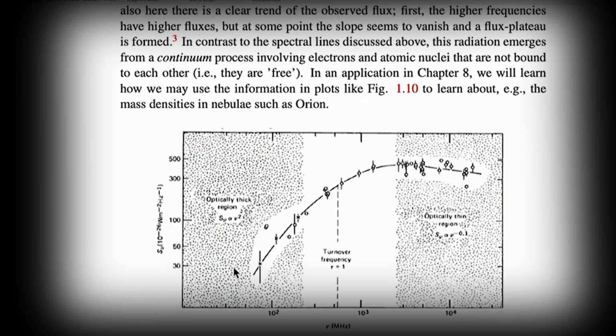That's pretty clear. You can actually just see that there is a transition from one slope to this new slope, nu squared, right? Now, that we know is associated with an optical depth that is about unity, because that's when it goes from being optically thin to optically thick.